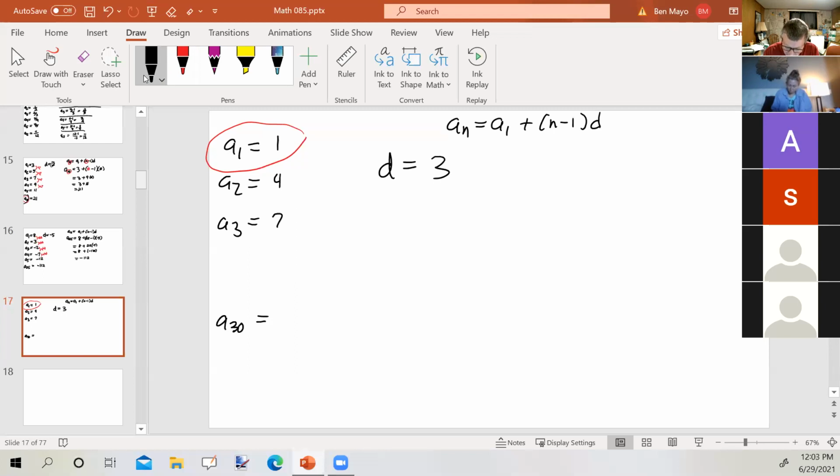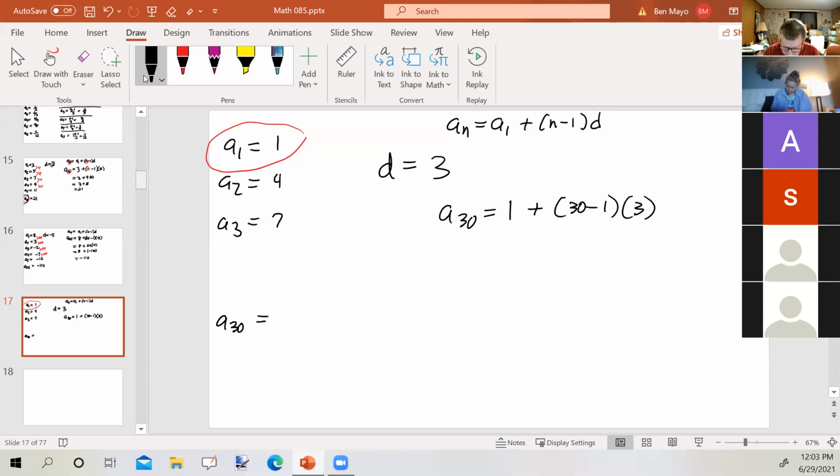We now have all we need to find a sub 30. A sub 30 equals a sub 1, which is 1, plus n minus 1, which is 30 minus 1, times the common difference, which is 3. So all that's left is to do the arithmetic simplification. Any questions about where any of the numbers came from?